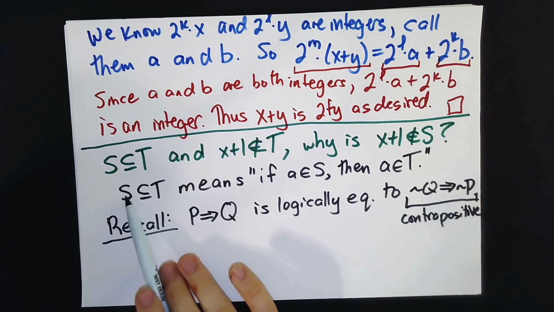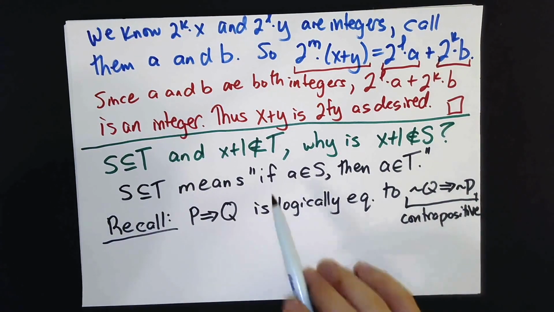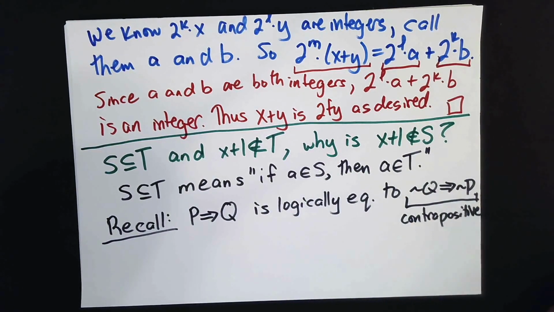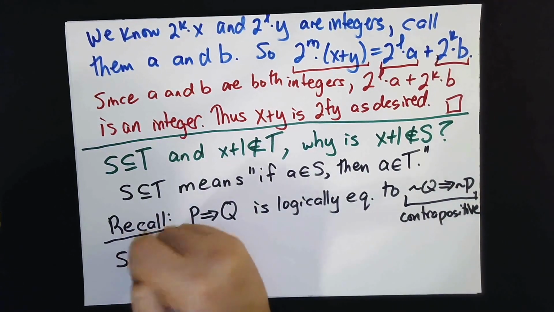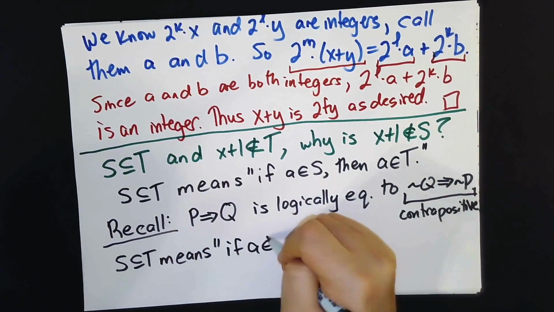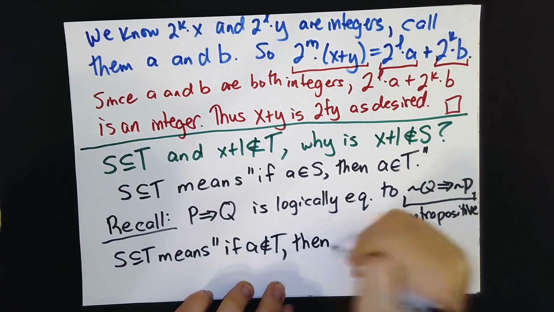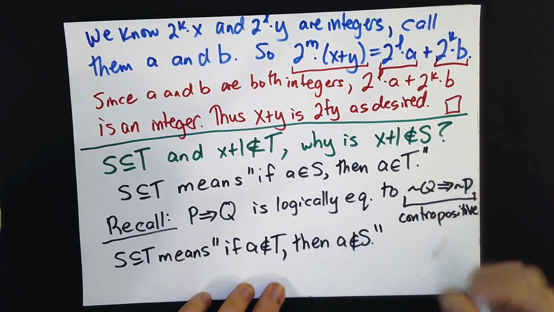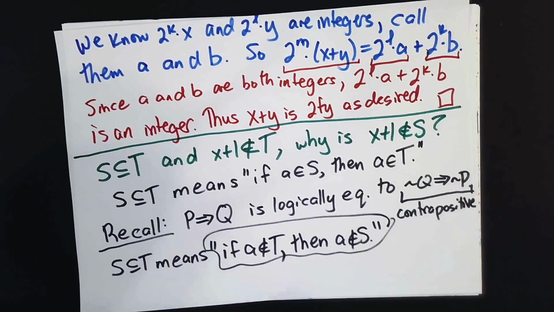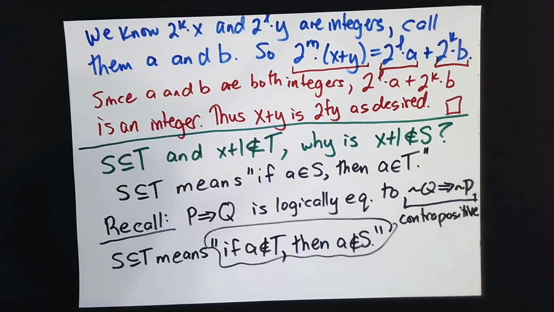And so that means that S is a subset of T means if a is an element of S, then a is an element of T. But it also means the contrapositive of this. So it also means if a is not an element of T, then a is not an element of S. This statement, which again feels kind of obvious, but if you try and think about it, you sort of turn your brain into knots trying to figure out exactly how to explain it.